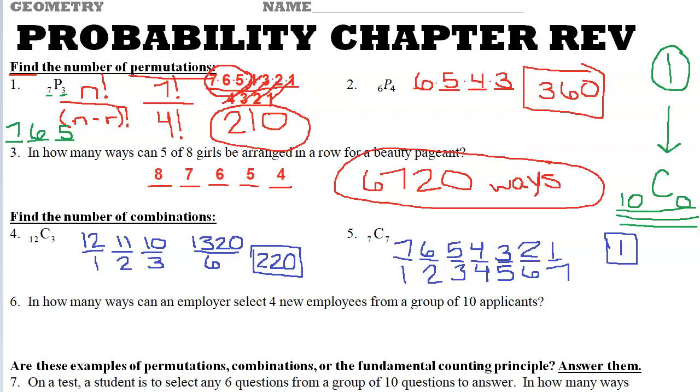All right, now that being said, we're not going to be negative here. We're going to be positive. We're going to talk about an employer selecting 4 new employees from a group of 10. So now we're going to set it up like this, and there is going to be a combination count up, because it's not like we are ranking the employees in this. So that's something for you to keep in mind when you write your own problems.